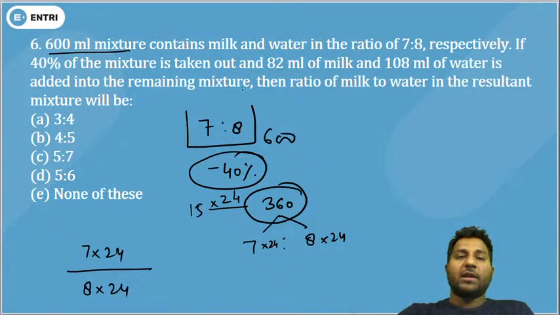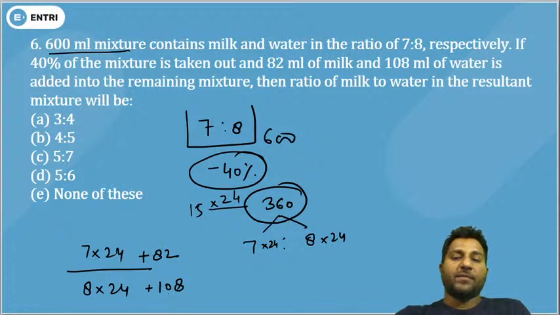Then the ratio of milk and water in the resultant, when you add 82 ml of milk and 108 ml of water, what will it become? So let's find out. Let's take common 4.